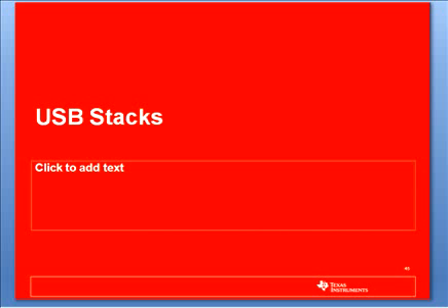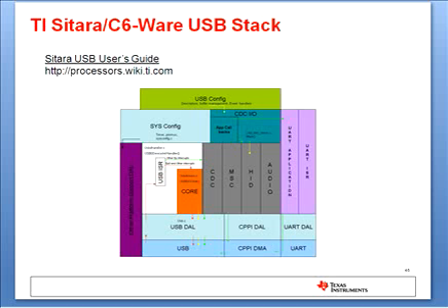We will now move into discussion of software stacks that TI provides for USB developers. TI offers free of charge an open source USB stack for both the Sitara ARM-only as well as the C6000 single-core DSP, as well as C6-Integra ARM plus DSP microprocessors.